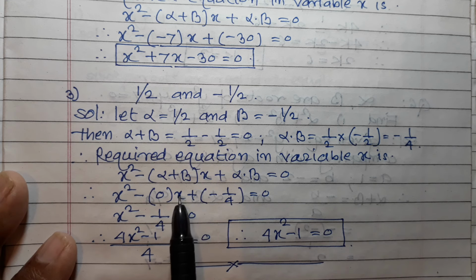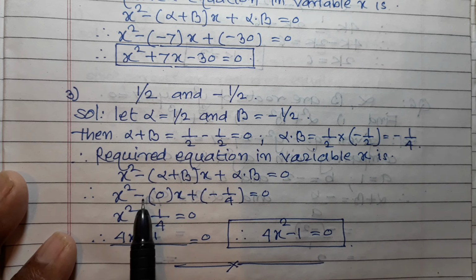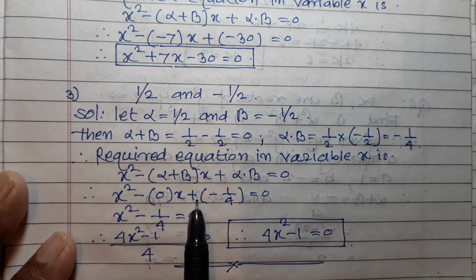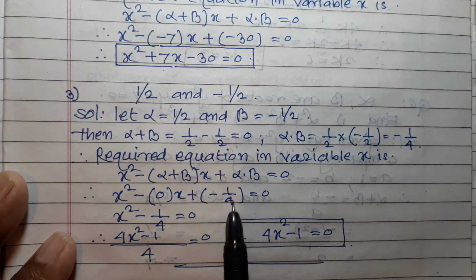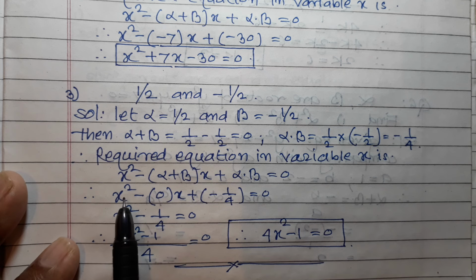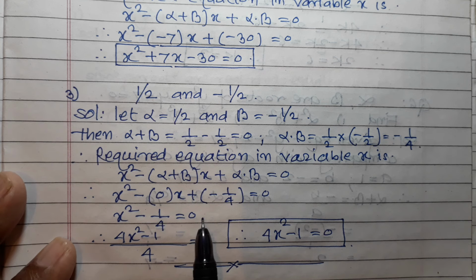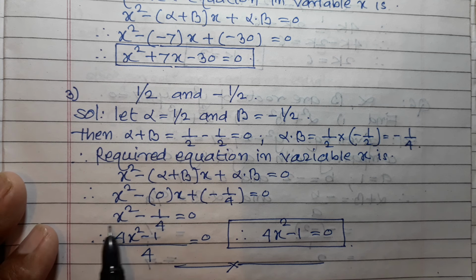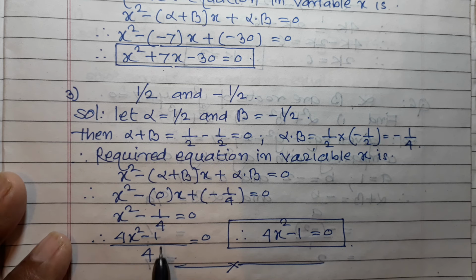Substitute values: x square minus 0x plus minus 1 upon 4 is equal to 0, and therefore x square minus 1 upon 4 is equal to 0. Now here you simplify, means subtraction. Now equalize the denominator.